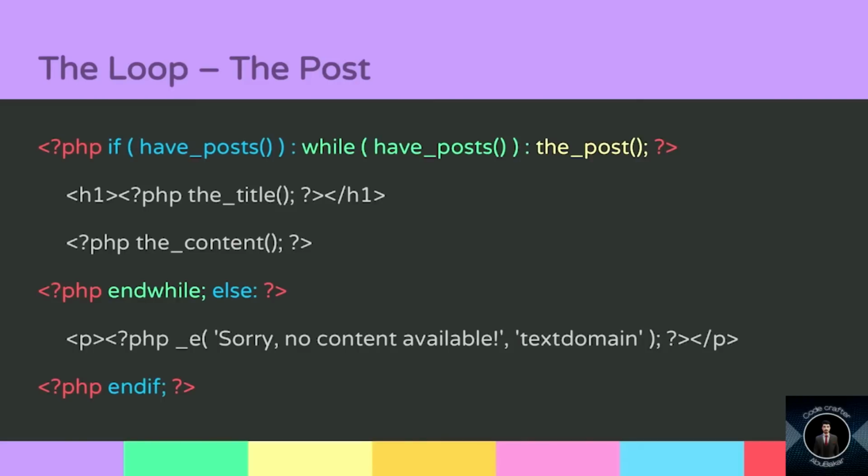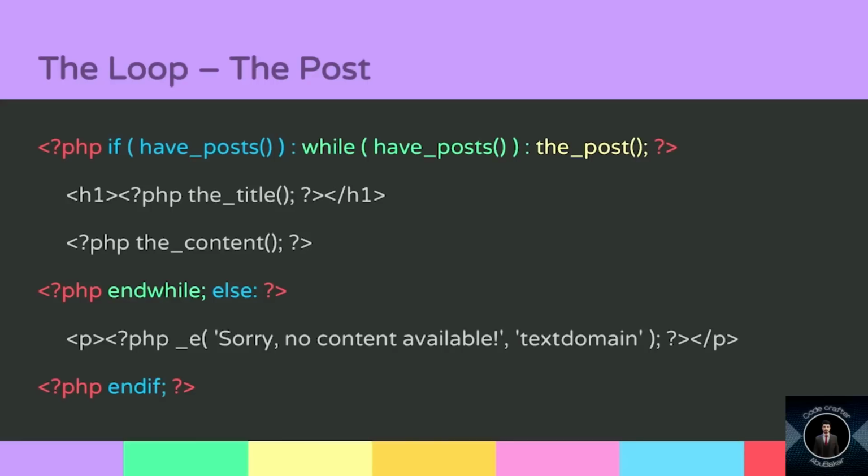And it's very important to mention here that when we see the post in WordPress, this is often a generic term to refer to posts, pages, custom posts, any sort of post type, really. And it's important to remember here that this whole loop, even though it says have_posts, the_post, will work for pages, and will work for custom content. So again, the post here is kind of a generic term for content in general.